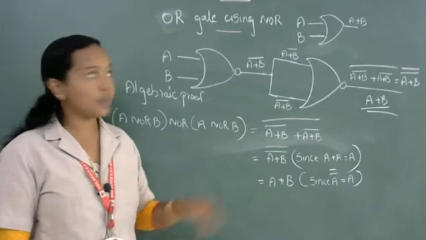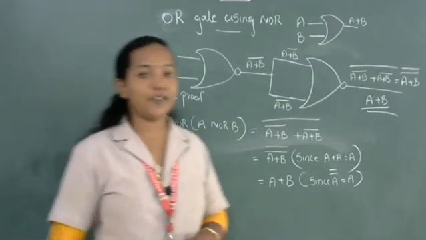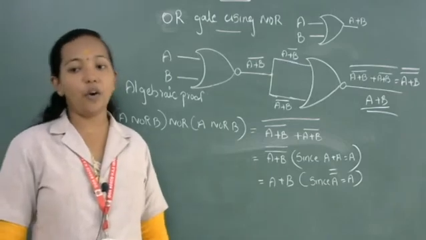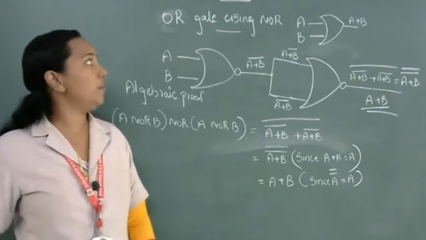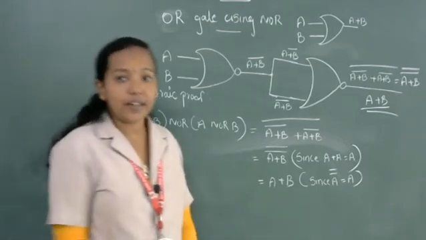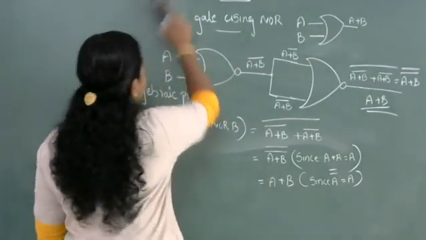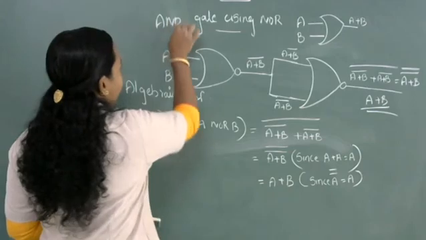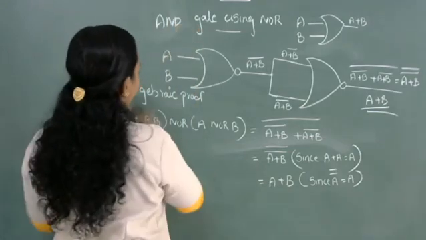Clear? So this is the NOR gate, and this is how we implement the OR gate using the NOR gate. Then one more, the last one. What is it? The AND gate. How do we represent the AND gate using the NOR gate?